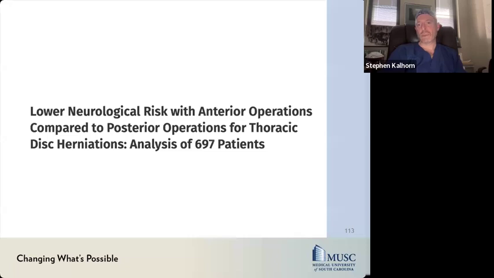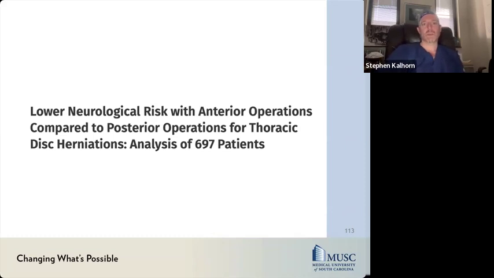So a year or two ago, this paper popped up in my Google Scholar alert, and I was like, oh boy, this doesn't sound good for me. The title of the paper is Lower Neurologic Risk with Anterior Operations Compared to Posterior Operations for a Thoracic Disc, and that's a lot of patients.